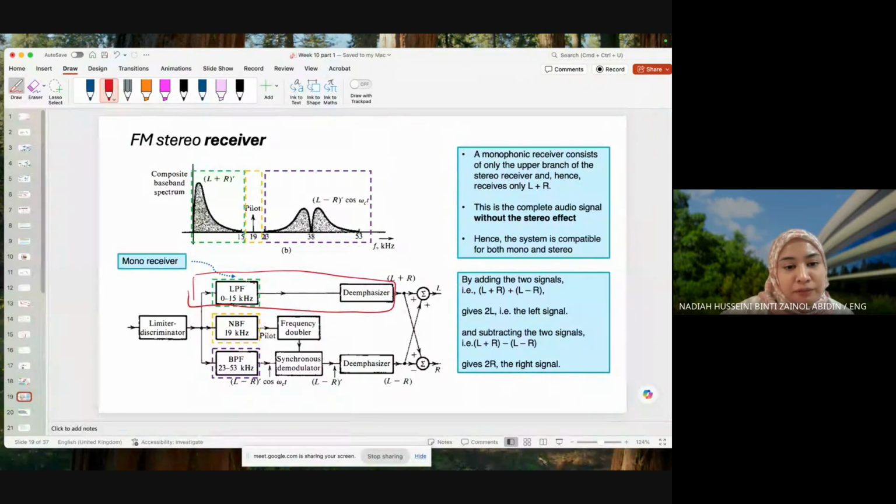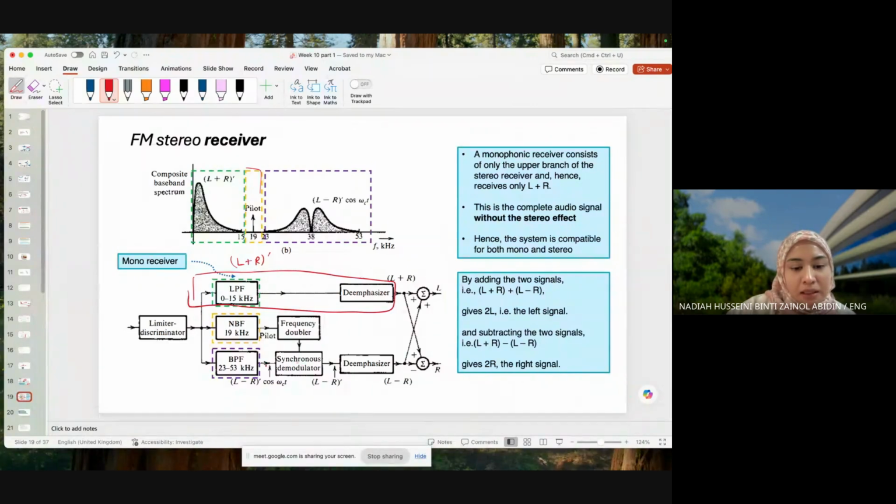So LPF, low pass filter, extracts the L plus R emphasized here. NBF, narrow band pass filter, extracts the 19 kilohertz over here in yellow. And the band pass filter from 23 to 53 kilohertz extracts the L minus R cosine omega c t.